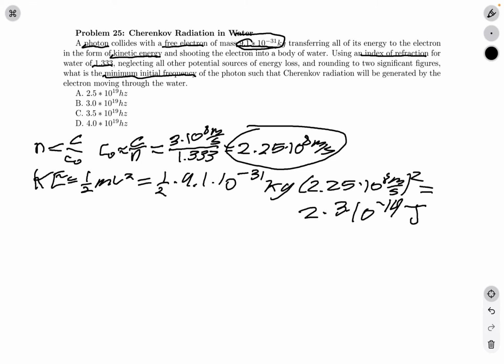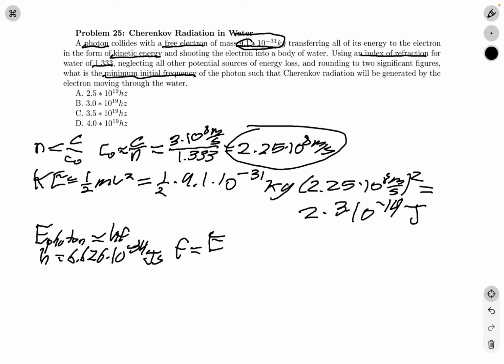So next, we need to figure out the energy of a photon. In case you didn't know, E photon is equal to Planck's constant, or h, times f. h is equal to 6.626 times 10 to the negative 34 joule seconds. Plugging this in, if you want to find our frequency, it will be simply given by energy over Planck's constant.